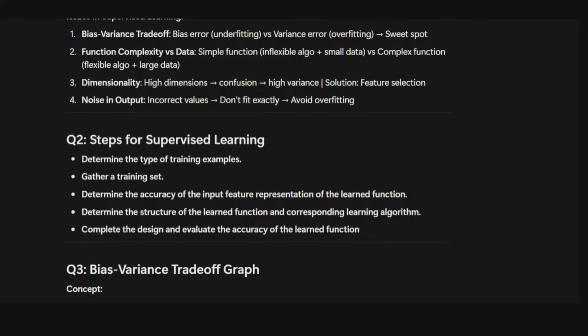First, you have to determine the type of training examples, that is, what do you want to work with?